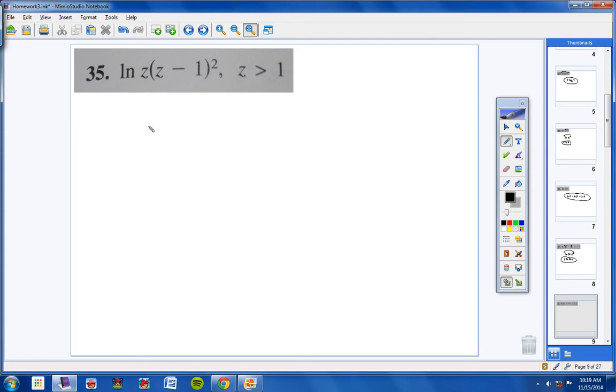Okay, first of all, notice we have a product. And you're like, we do? Yeah, we do. Look, natural log of z times z minus 1 squared. So I'm going to write 2 logarithms and put a plus sign, okay?